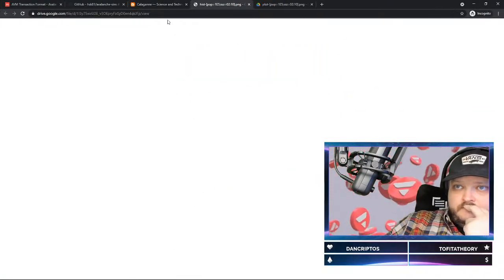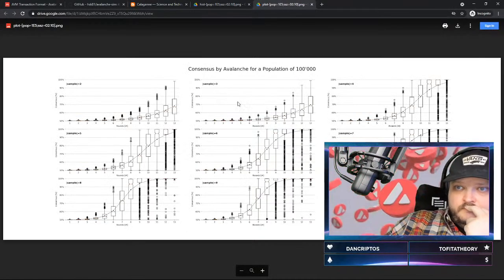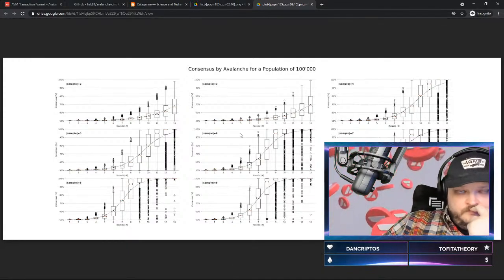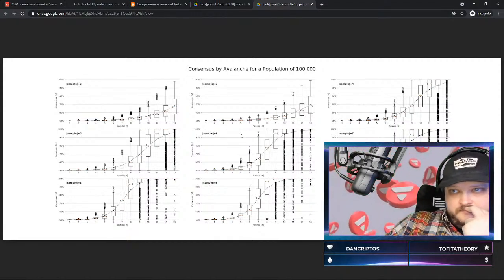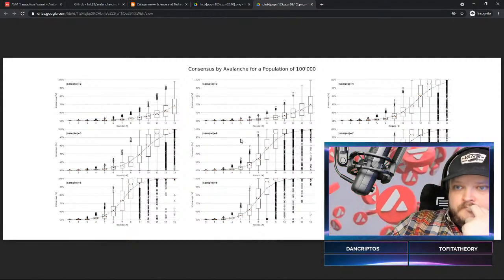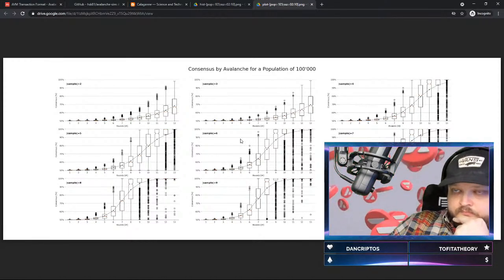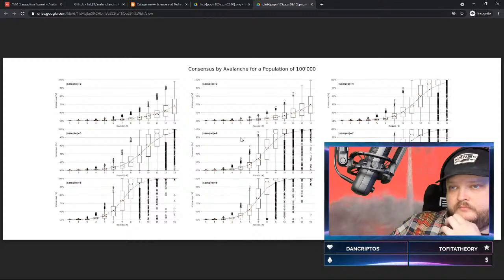And I vectorized it. The entire simulation is in NumPy, for those who are familiar with NumPy. It allows very fast simulations for 10,000 or 100,000 or a million people or nodes. And it was just working.